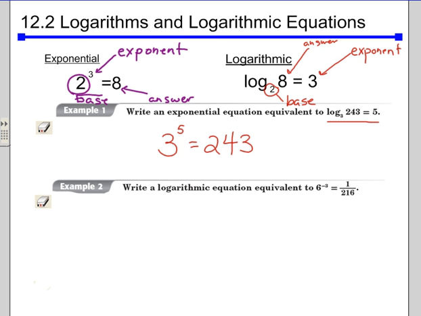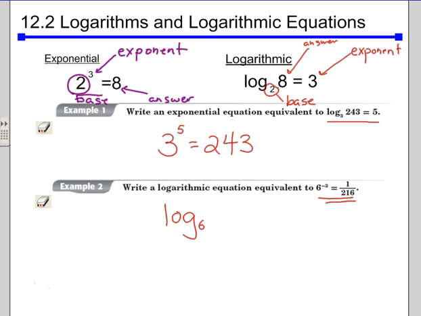So, example 2. Write a log equation equivalent to this exponential one. So if we have to write a log equation, the first thing that's going to be in the log equation is the word log. Got that much? What's the base of this exponential equation? The base is 6. So log base 6, and this is just a subscript.